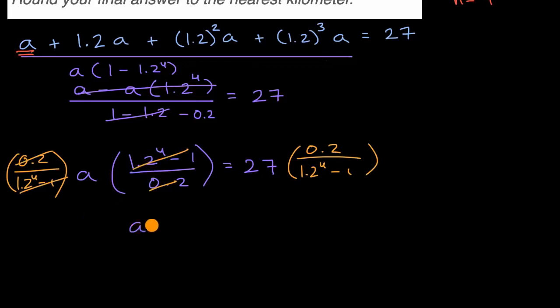And we're left with A is equal to 27 times 0.2, all of that over 1.2 to the fourth minus 1. And this expression should give us the exact same value as that expression we just saw. But this is useful even if we had 100 terms. We could use this. And so I'll get the calculator out.